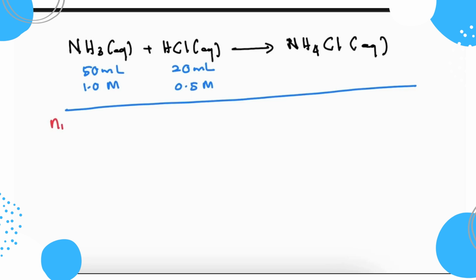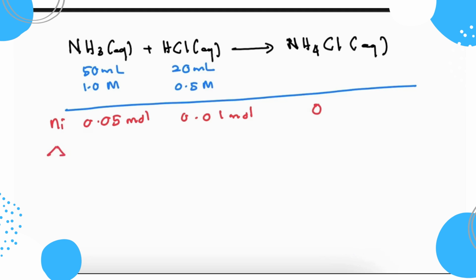So the initial number of moles for the ammonia is 0.05 mole by using MV over 1000, and for the hydrochloric acid we have 0.01 mole, and initially there is no salt produced.